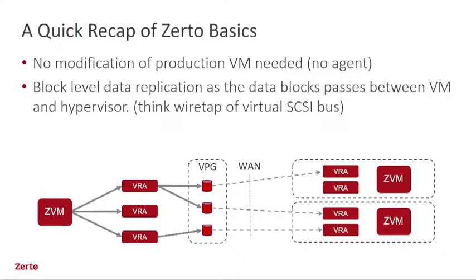By default, to move data, to copy data, there's no agent with Zerto. We replicate data at the block level, and I always describe it as kind of like a wiretap. We hook into the SCSI bus on the on-prem hypervisors, and as data comes through that bus, through the wire, we make a copy of it and send it through the VRA to the other side.